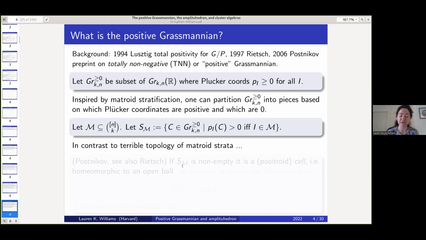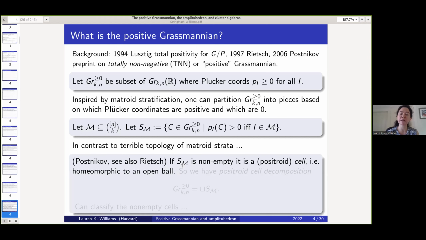In contrast to what we saw in the previous slide, where the matroid strata had terrible topology, when you look at these matroid strata intersected with the positive Grassmannian, you actually get cells. Your pieces are homeomorphic to open balls. And so this gives this positroid cell decomposition of the positive Grassmannian.